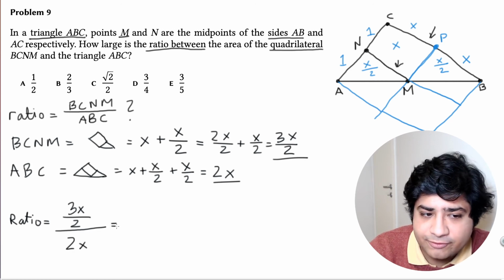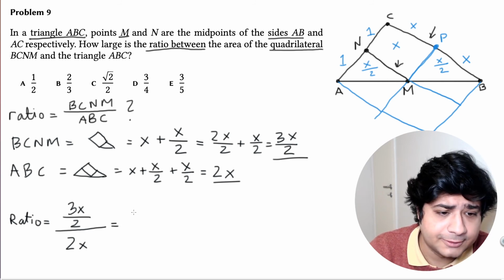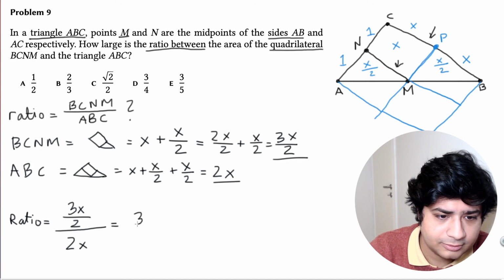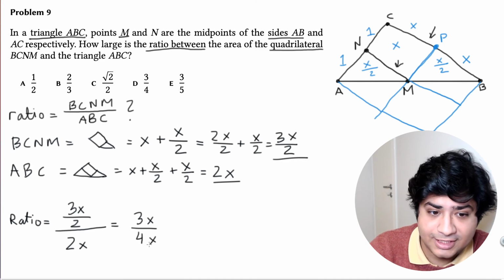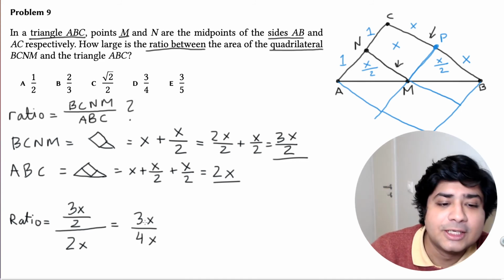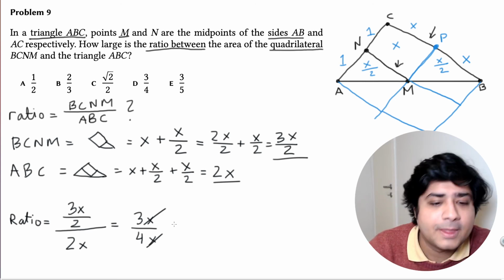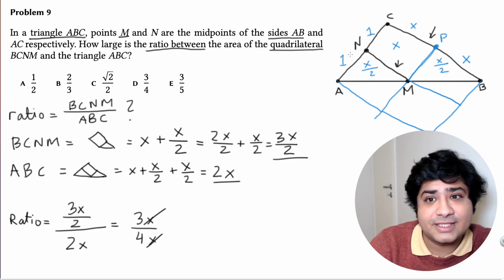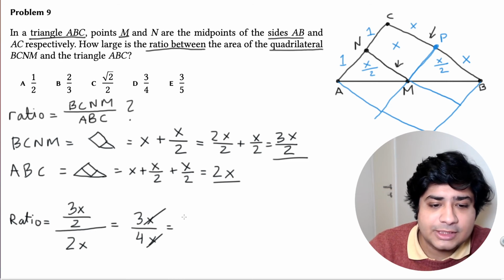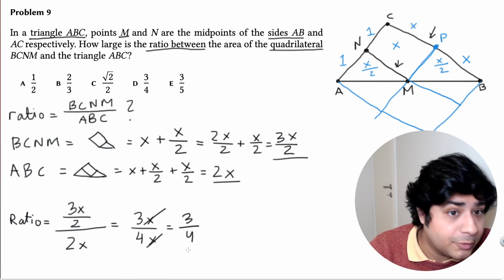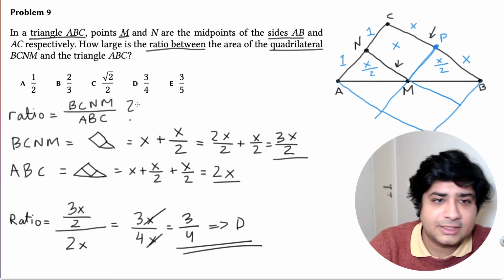Using some simple fraction rules, we'll get 3x divided by 4x. And this is where the beautiful thing happens, which is we can cancel the x's, which is what I was expecting because it's a ratio, which is why it was fine for us to give a length x to one of the other sides. That, of course, is going to give us 3 over 4. Which one is that? That's D. So D is the right answer.